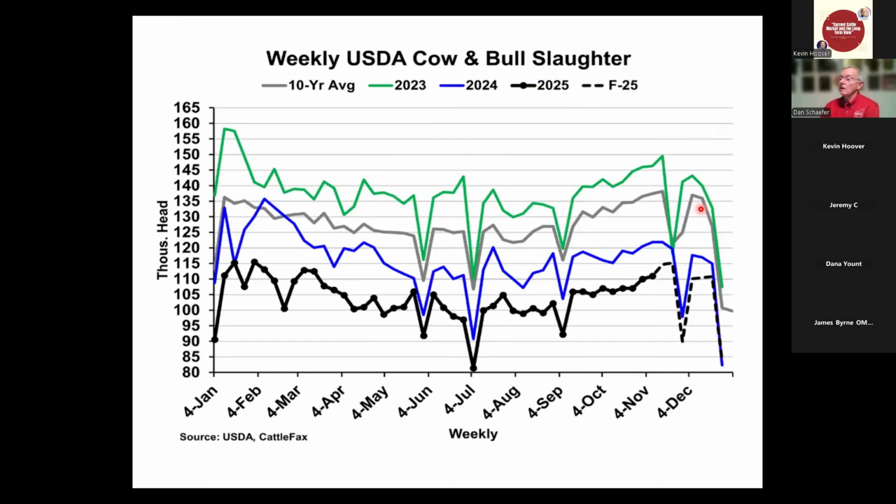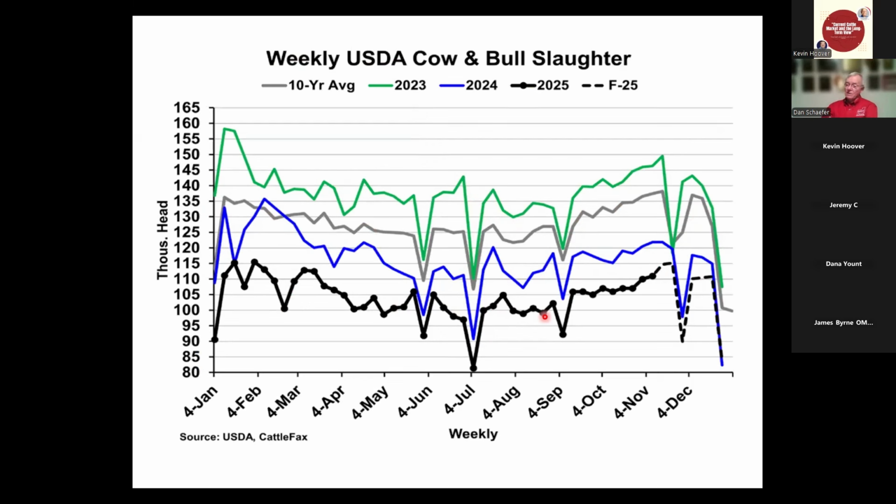This is a slide of cow and bull slaughter. And as you can see, our highest values for cow and bull slaughter were in 2023, then declined in 2024, and even lower in 2025. So as the nation's cow herd has shrunk, there have been fewer cows available to harvest.